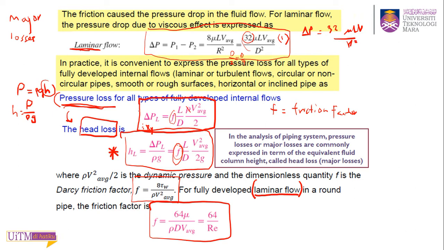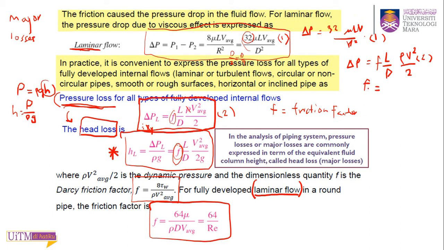And we have another term for delta P, which is this one, the second equation: delta P equals f times L over D times rho V squared over 2. So if you equate the first equation and the second equation, you will get f.